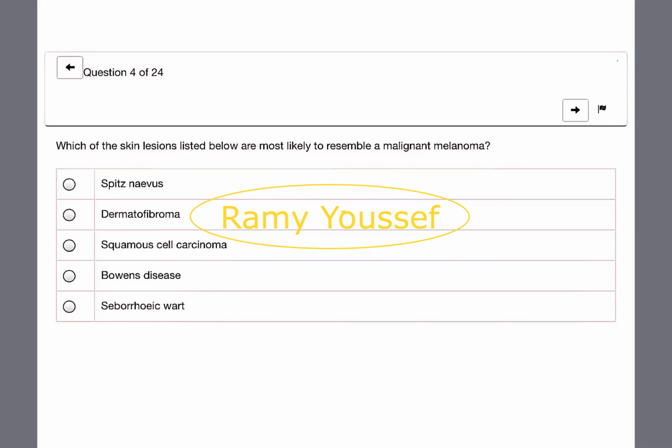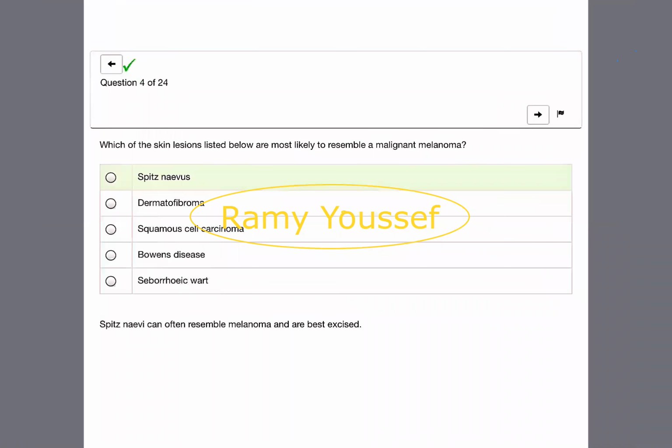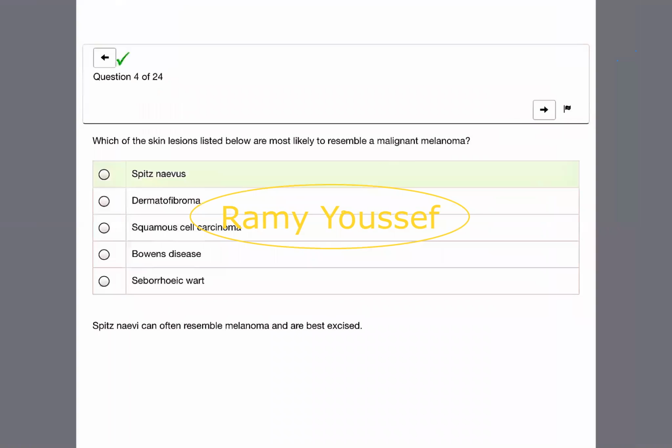It resembles a malignant melanoma, and it's better to excise it and send for histopathology. So just know it by name. It is the only question about Spitz nevus, that it resembles malignant melanoma. No other question about this type of nevus. So just a unique question.